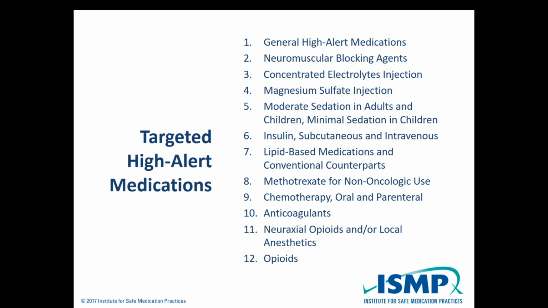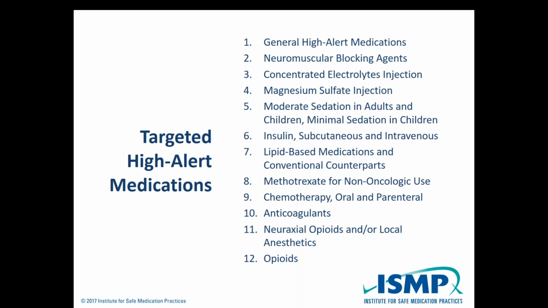So here are the 12 categories. Well, there's really 11 categories, but there's a general high alert medication section I'll talk about in a few minutes. We go from neuromuscular blockers down to opioids, and each of these are categorized in the high alert assessment.